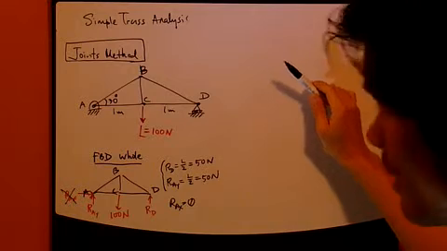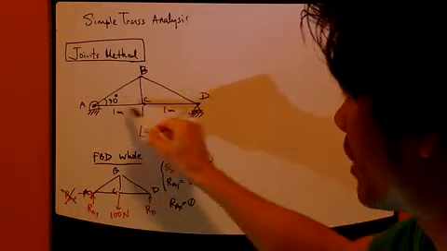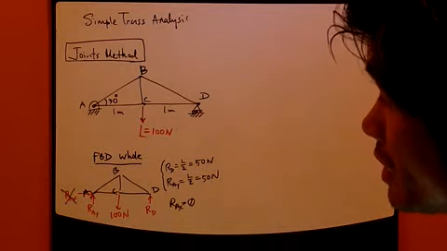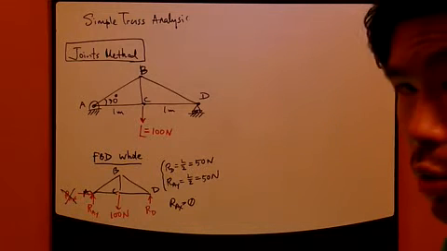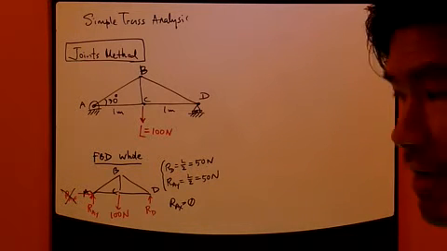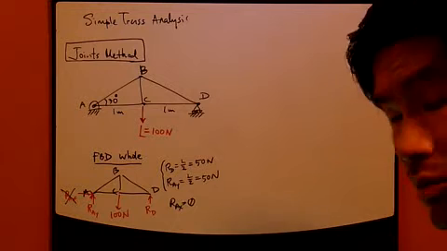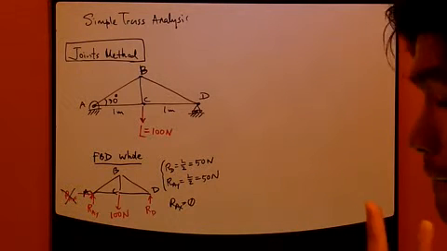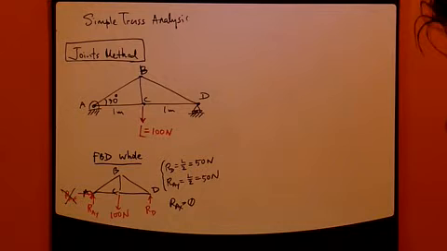The goal here, again, is to find out all the forces inside all the members. Keep in mind, we only have 2 equations for each joint: sum of forces X equals 0 and sum of forces Y equals 0. This means that I can only have at most 2 unknowns for each joint.